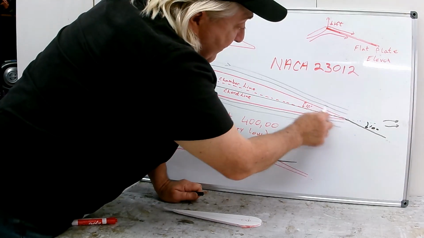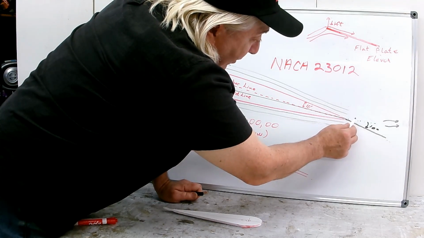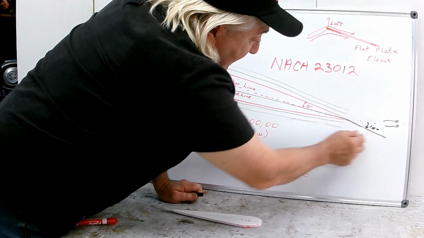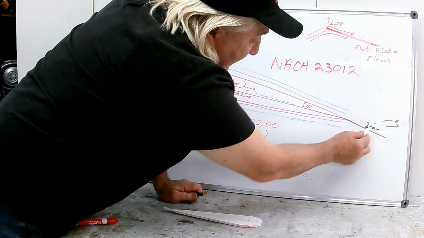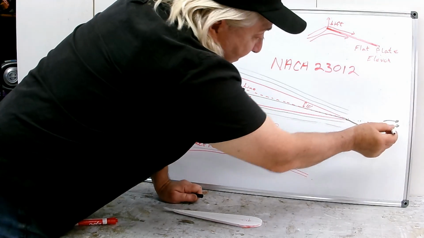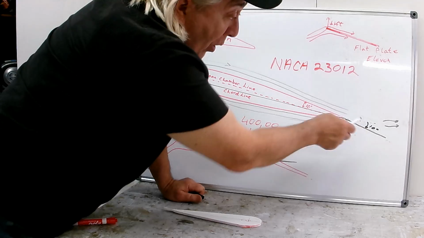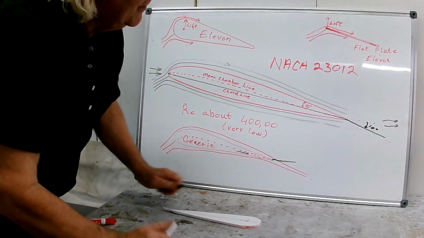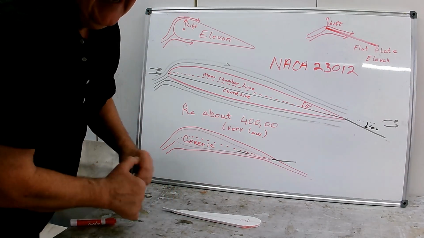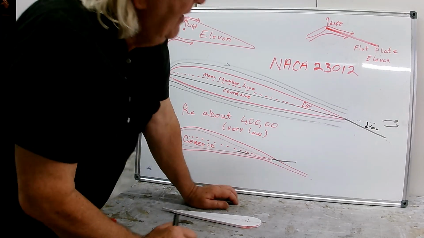Very easy for this flow to turn the inside corner and go along the flat plate. And the lower surface, same thing, along the flat plate, because it's lining up with the free stream conditions, which is what it wants to do. The flow that's going over the airfoil wants to go back to the free stream conditions. So this flat plate actually helps it do that. Kind of handy.